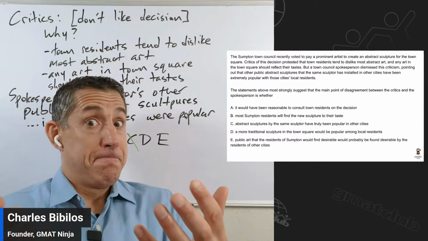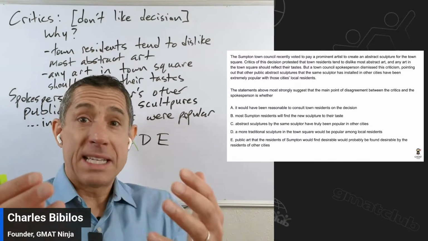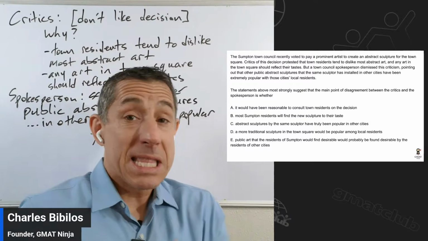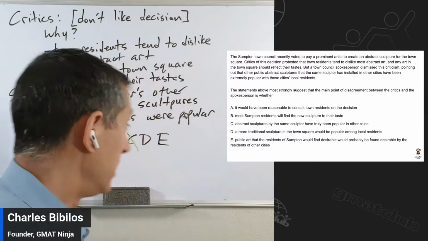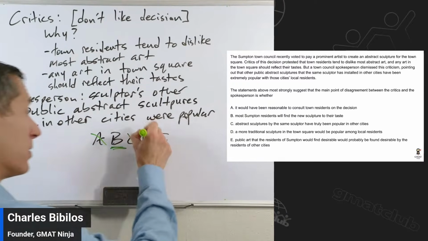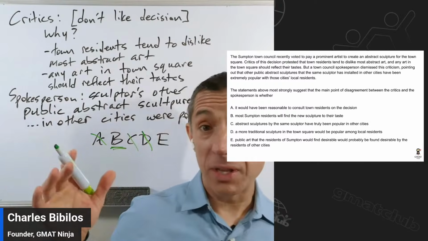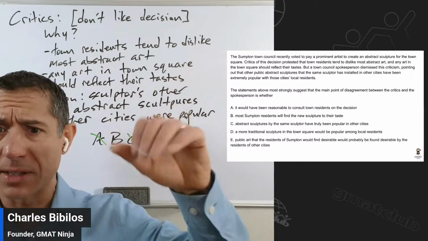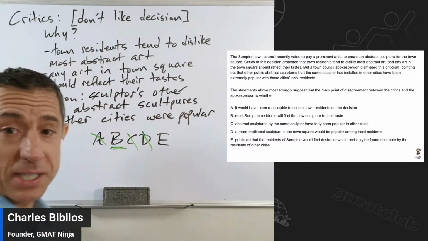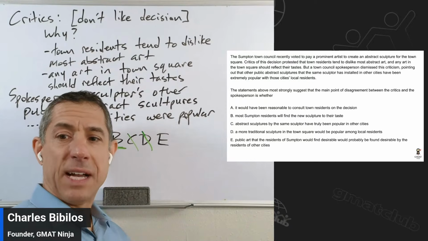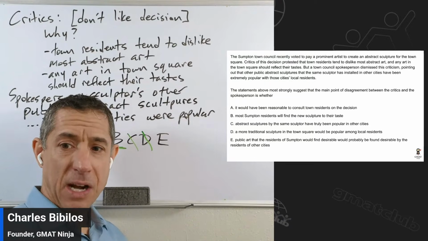Critical reasoning, nope. In this narrow little three sentence world we're in, we know nothing about their opinions on traditional sculpture. So we don't know that they disagree on traditional sculpture at all. We just know that they disagree in a certain way on the abstract ones. So D is out.